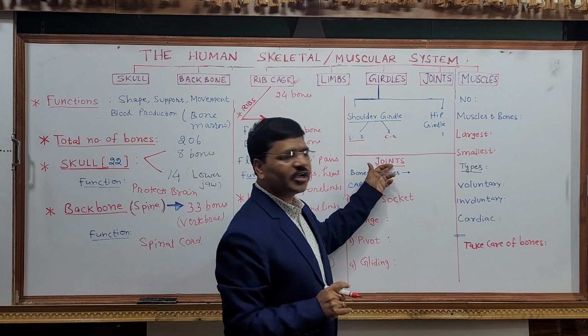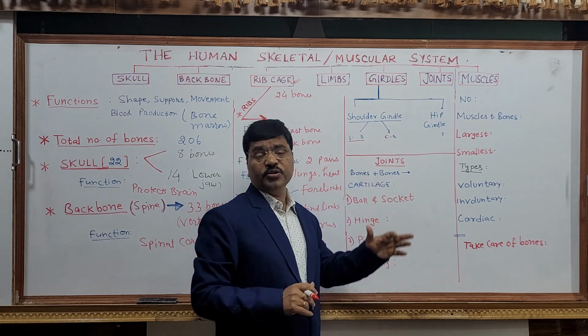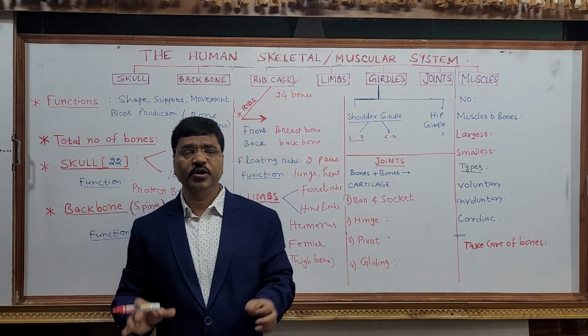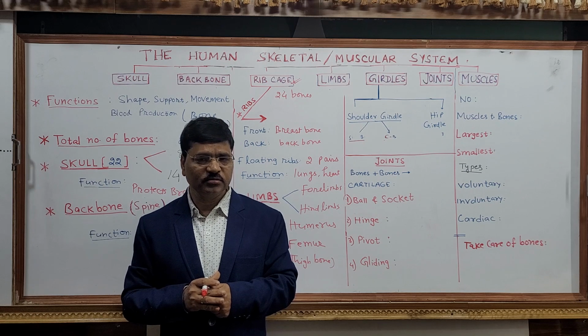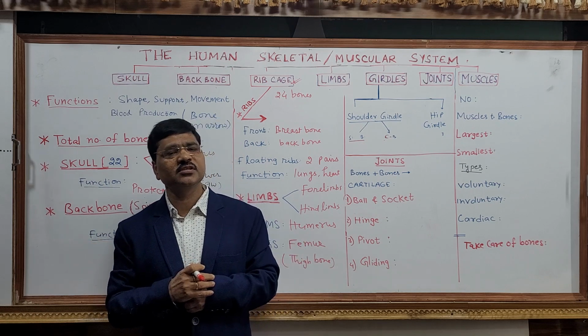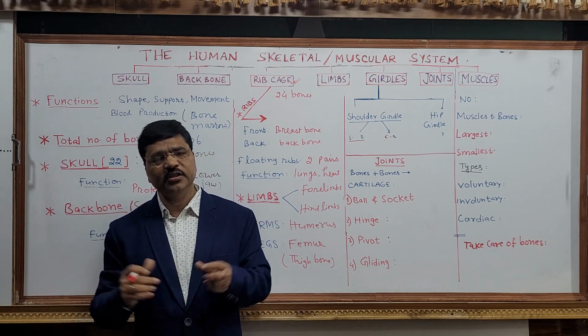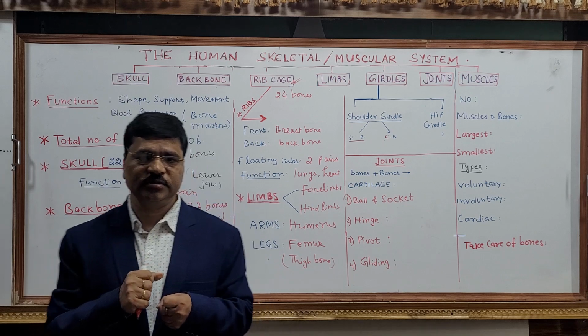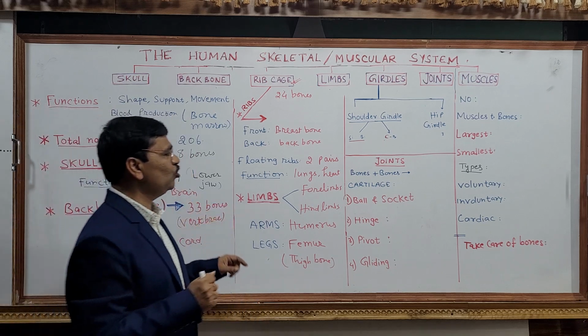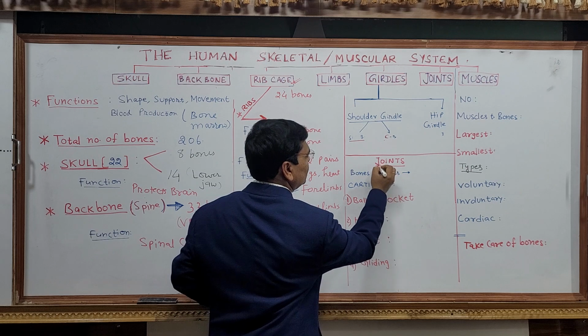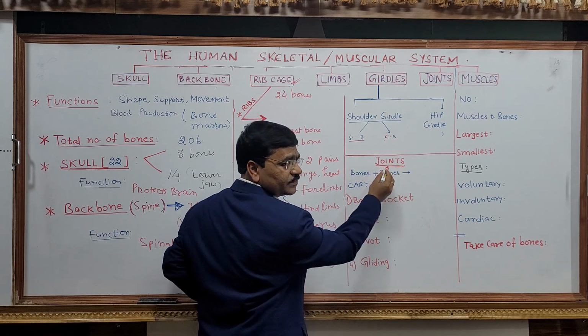So after that we come to the joints. As I told you, altogether there are 206 bones in the body. So how do the 206 bones work together? They are joined with each other. The place where two bones join is called a joint.